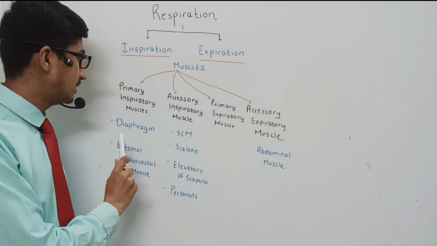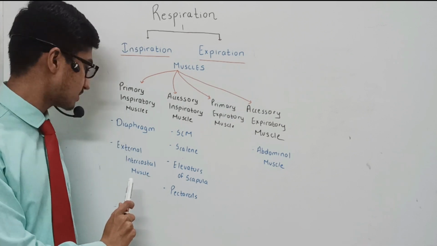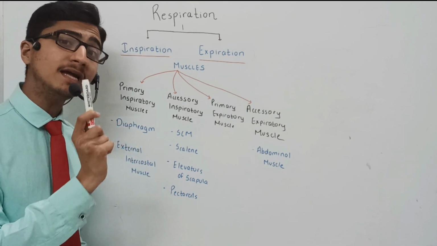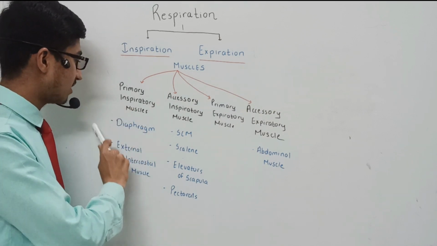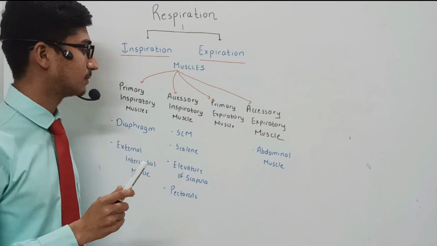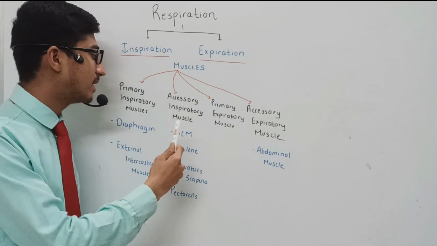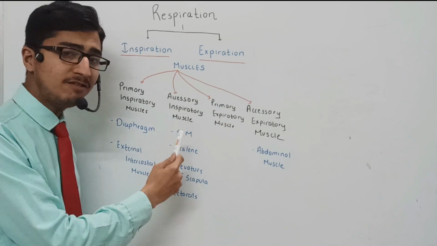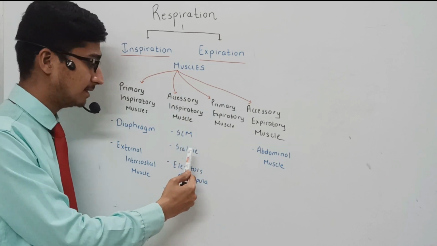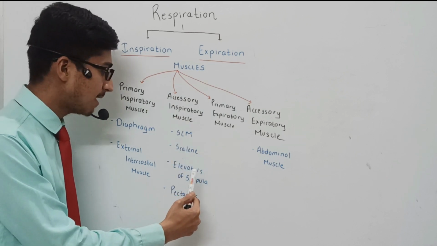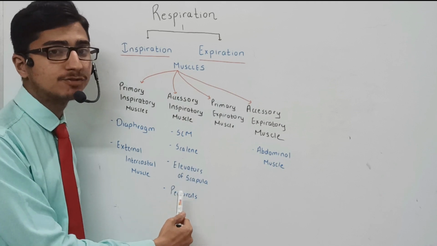Mind well, in the inspiratory process, external intercostal muscles are involved. The names are vice versa. Accessory inspiratory muscles involve sternocleidomastoid, scalene, elevators of scapulae and pectorals.